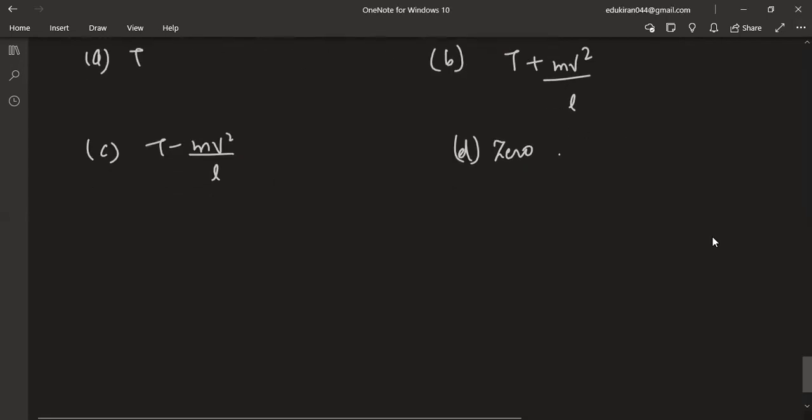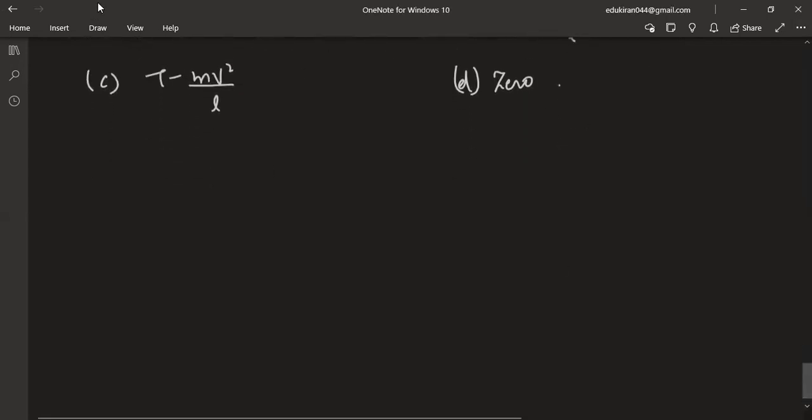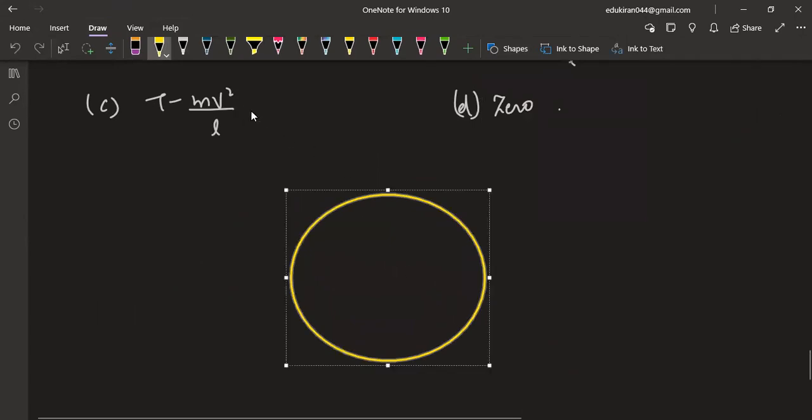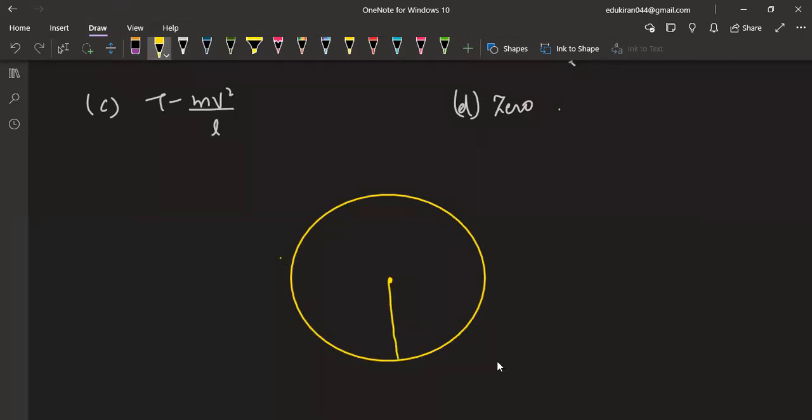See, if we talk about circular motion, this is the string, this is the ball connected. So accordingly, what all forces are acting? This is tension. Here outwards, we'll have mv square by r.